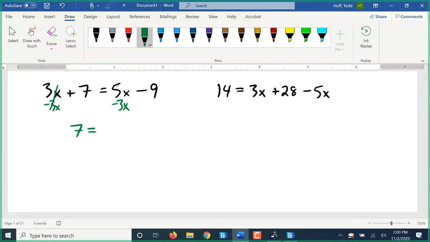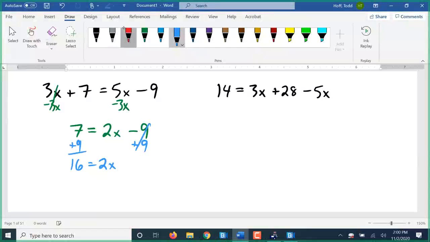On the right side, 5x minus 3x is 2x. And I have the negative 9. Now we're ready to solve it. I'm going to add 9. Got 16 equals 2x. And divide by 2. 8 equals x.